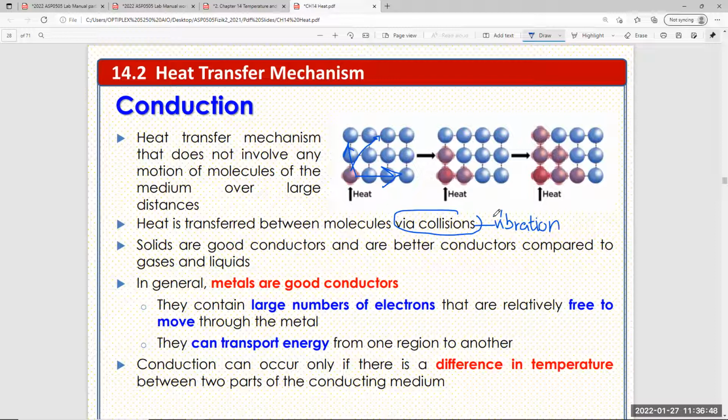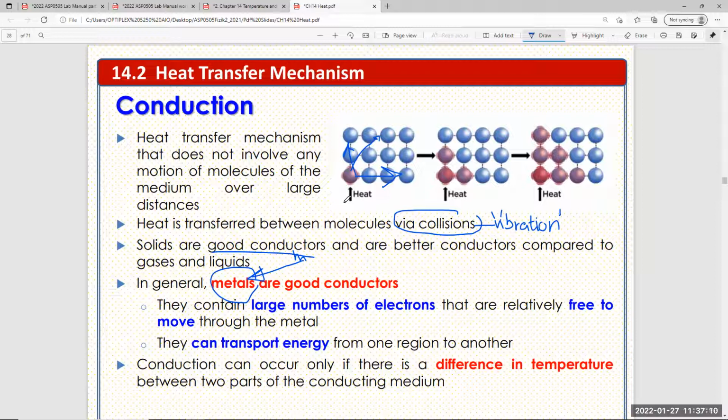This is like what we call vibration. So the heat will be transferred to others. Solids are good conductors as compared to gases and liquids, especially metal. For metal, this is mentioned here: metals are good conductors, and there is a reason for it.